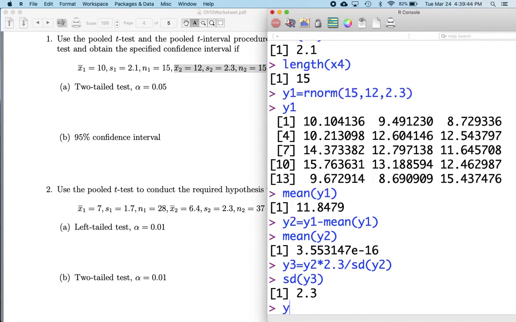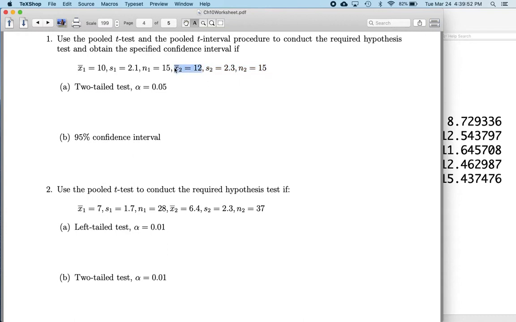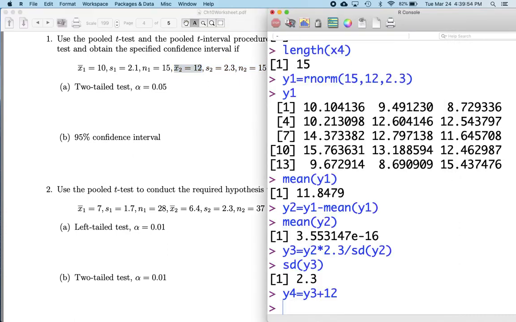Then finally y4: we take all the values in y3 and add 12 to them because we want a mean of 12. So now we have our two data sets, x4 and y4.